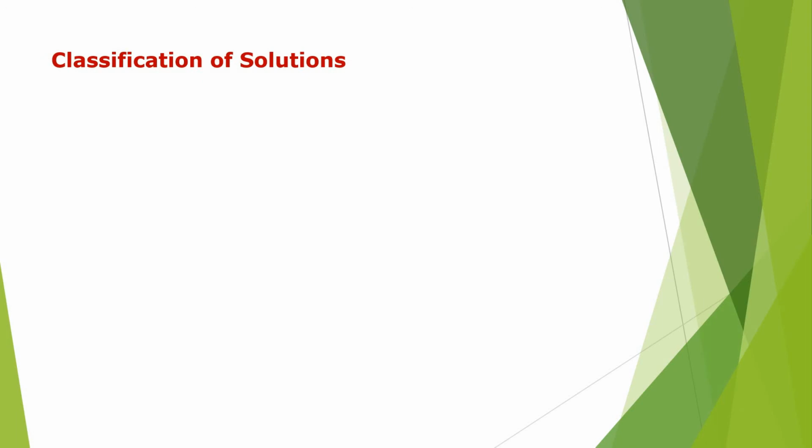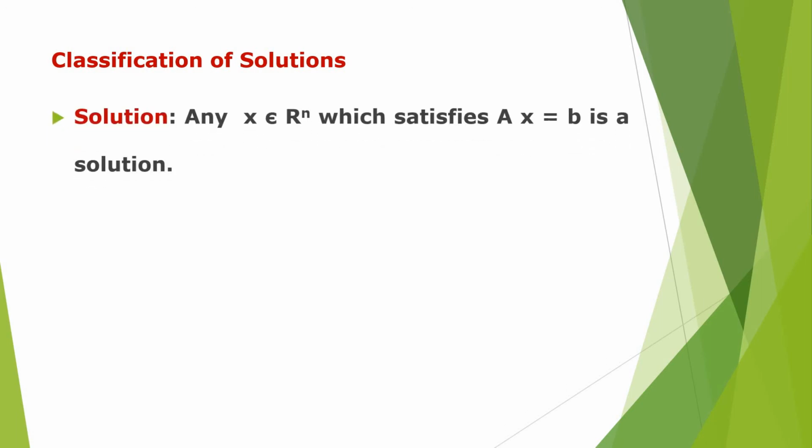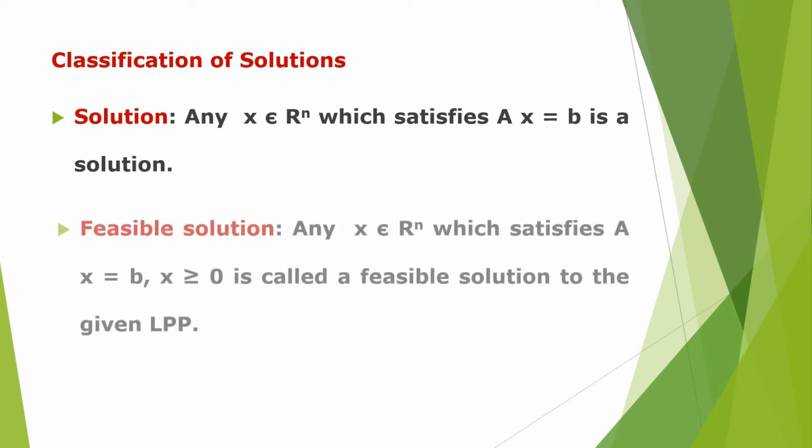Now let us see how to classify the solutions, because in a number of places we are finding solutions. As usual, a solution is any x belonging to Rn which satisfies Ax equal to b. Ax equal to b is the constraints representation in matrix form, including slack or surplus variables.